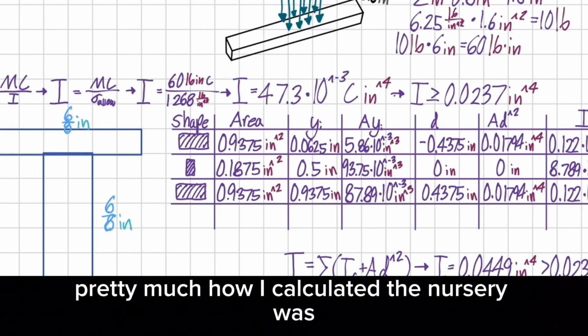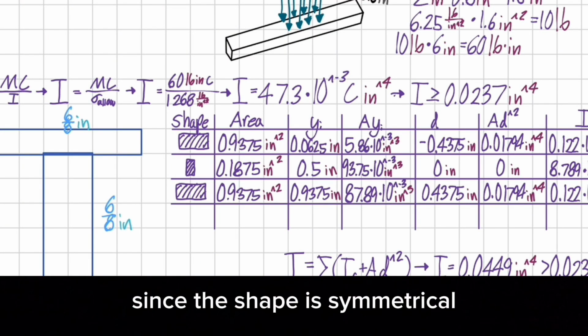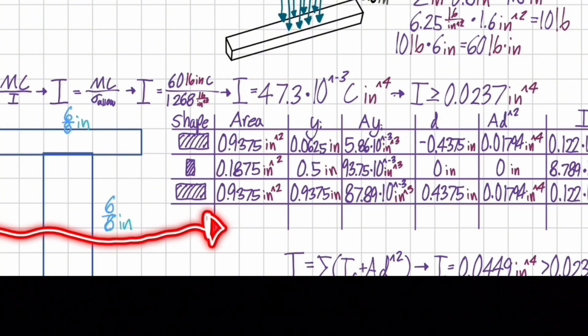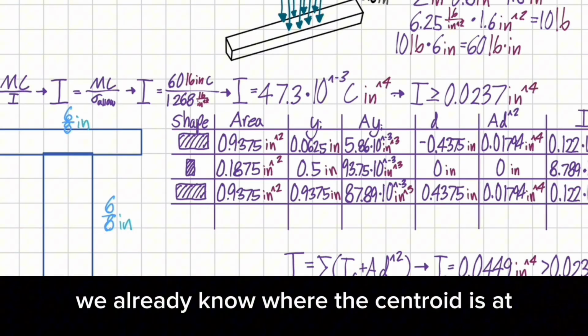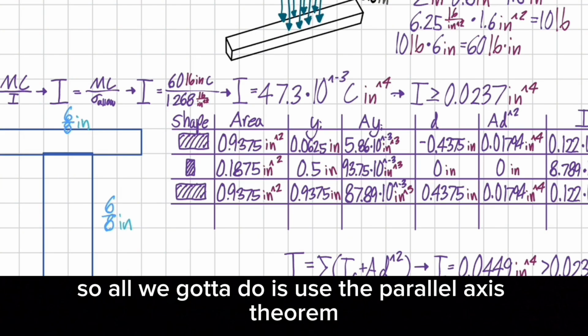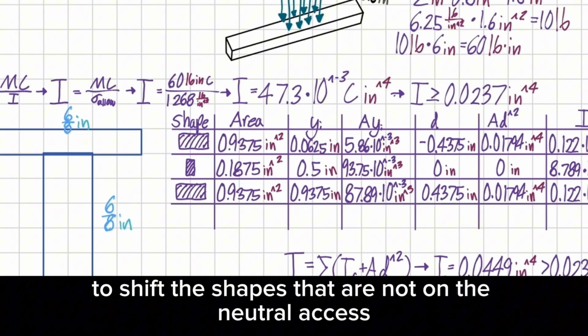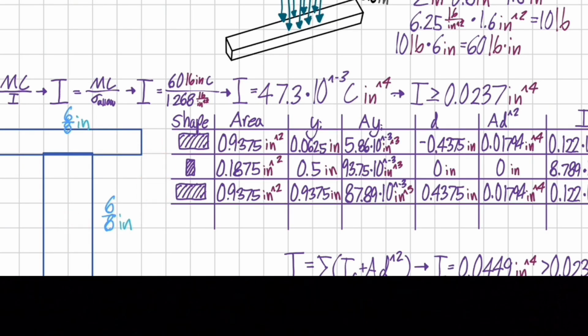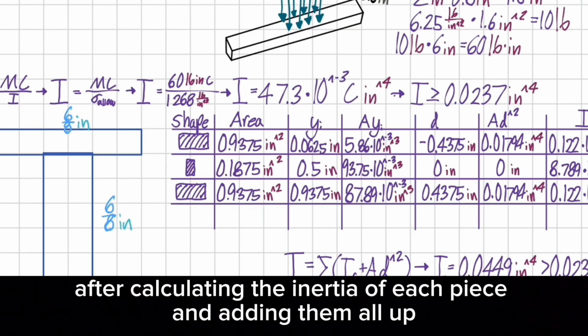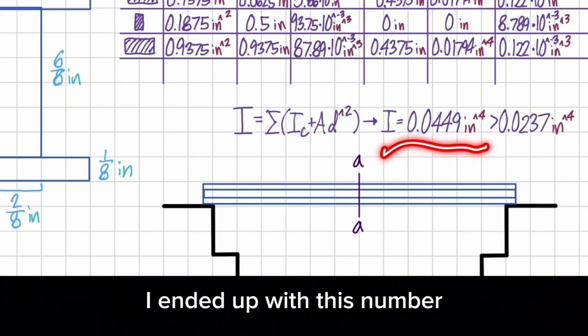Pretty much how I calculated the inertia was, since the shape is symmetrical, we already know where the centroid is. So all we have to do is use the parallel axis theorem to shift the shapes that are not on the neutral axis. After calculating the inertia of each piece and adding them all up, I ended up with this number.